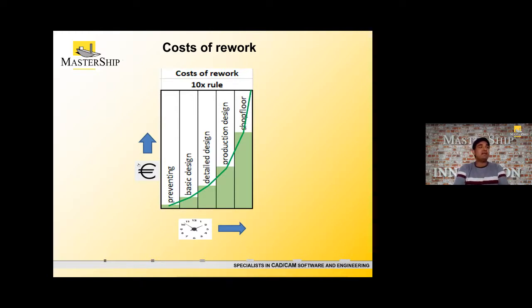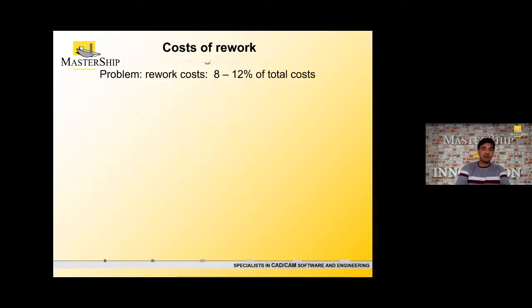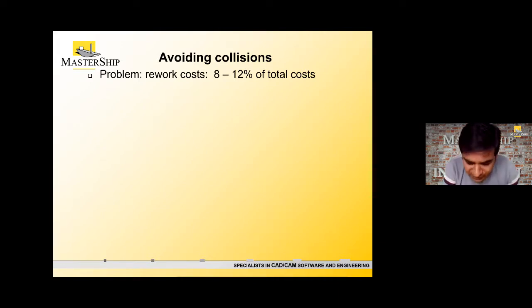And then if I have the second slide? Okay. So the problem is rework cost. A lot of research has been done for this purpose, and as we can see, a lot of other engineering disciplines are also struggling with it.